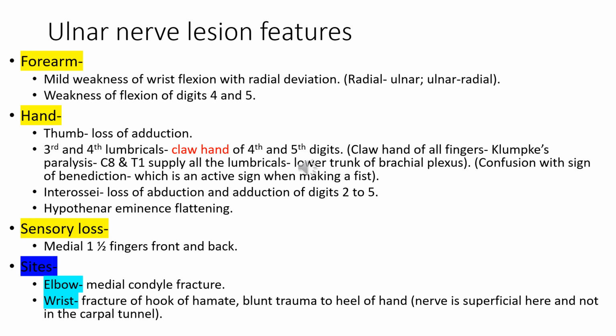This is especially likely to be damaged in this way because the nerve is superficial here and not in the carpal tunnel. And classically, ulnar nerve damage at the wrist occurs in fracture of the hook of the hamate. So these are the two common ways by which ulnar nerve is damaged at the wrist.